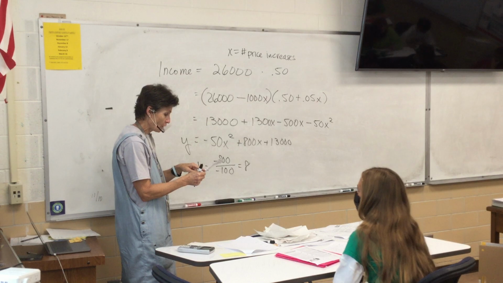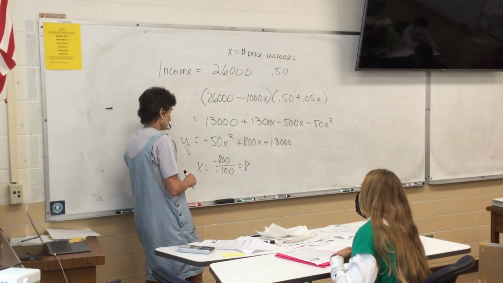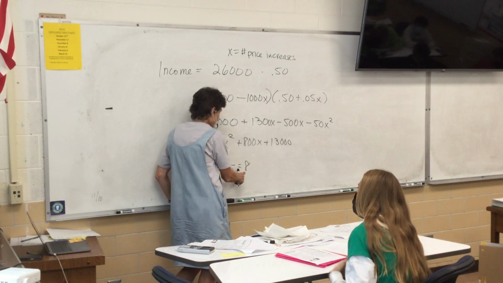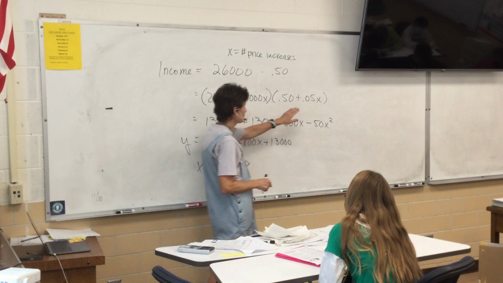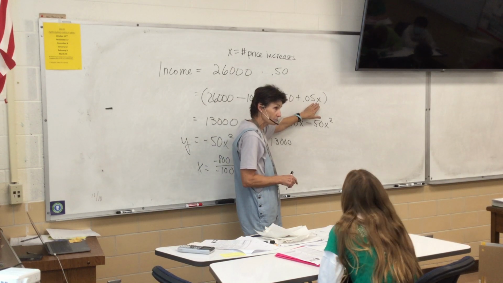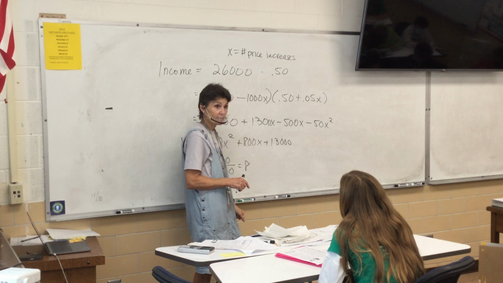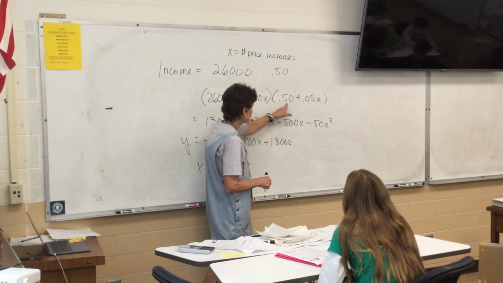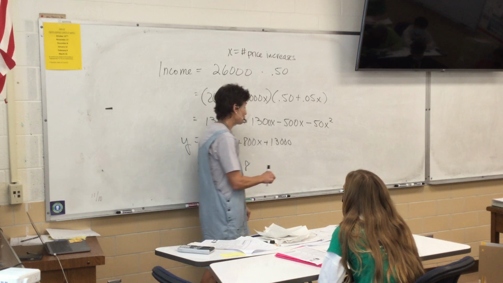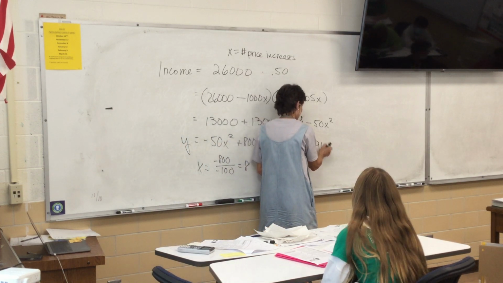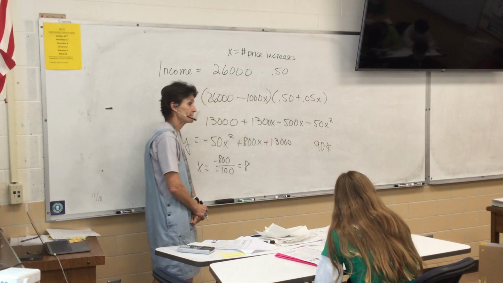How much should they charge per can to maximize their revenue? Well, if we have 8 changes, and every change is worth a nickel, then we're going up by 40 cents, and the original price was 50 cents, so our new price is 90 cents a can. That's what I should be charging, is 90 cents a can.